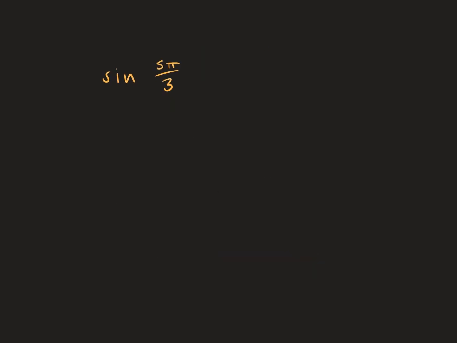All right, let's say this said, use reference angles to find the exact value. So we're finding the exact value. What would I do first? Convert it to degrees, because I don't know where this is on my unit circle.